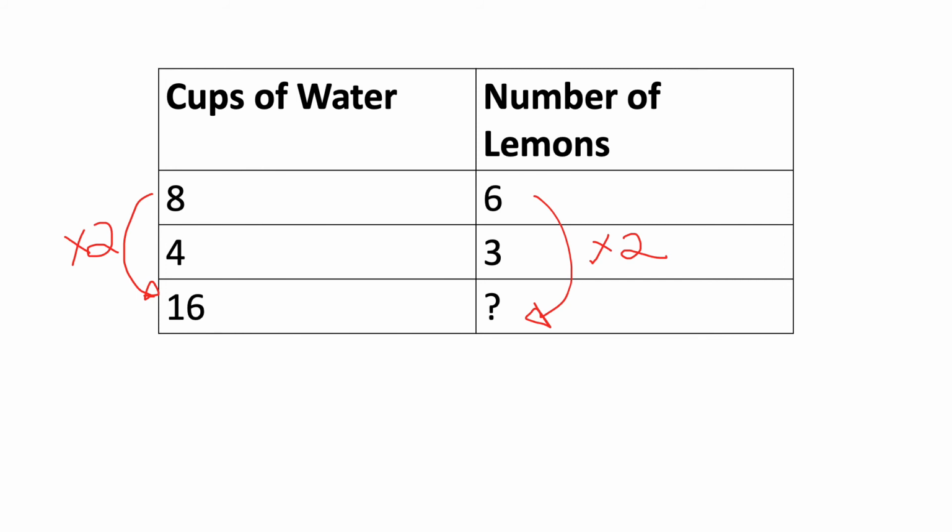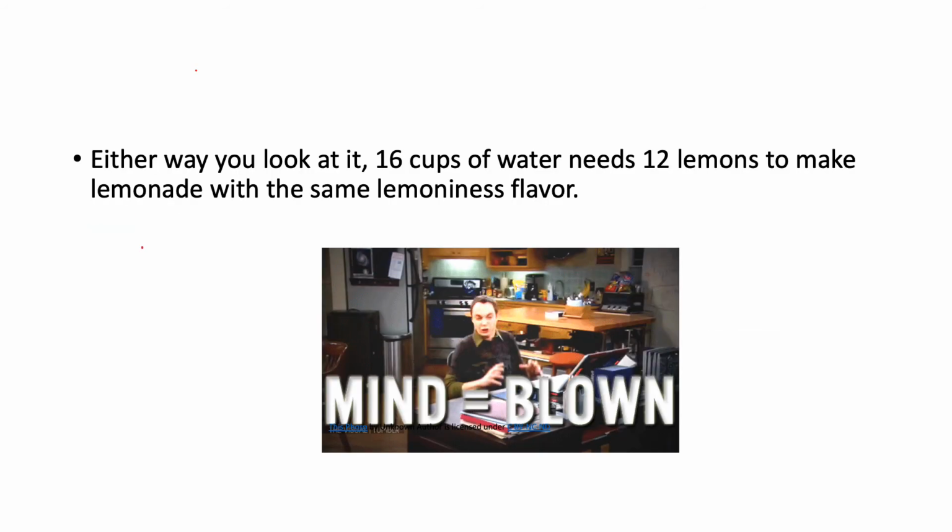And notice I would get 12 lemons, which is the same answer I got before. So either way you look at it, 16 cups of water needs 12 lemons to make lemonade with the same lemoniness flavor. Yes, I made up that word.